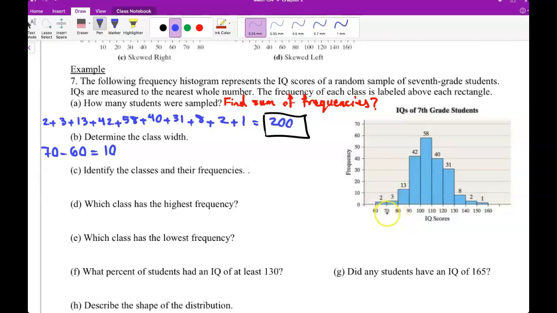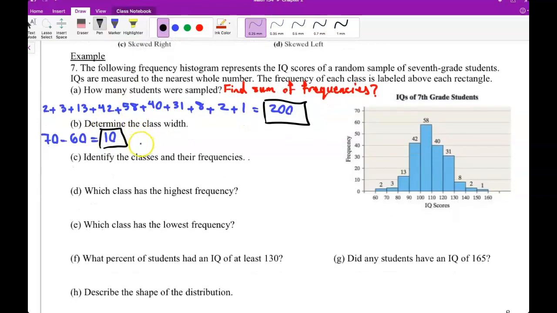You can choose 80 minus 70 or 90 minus 80. It doesn't matter which one you write here, but you should have the same class width, which is 10. So here, subtract any two consecutive lower limits.